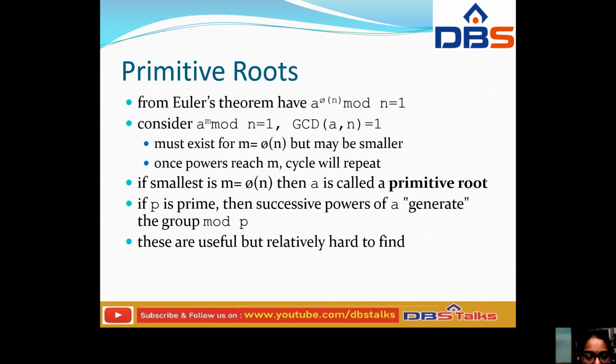Once powers reach m, the cycle will definitely repeat. If the smallest m is equal to phi of n, then a is called a primitive root. If p is a prime, then successive powers of a primitive root generate the group mod p. These are useful, but relatively very hard to find.